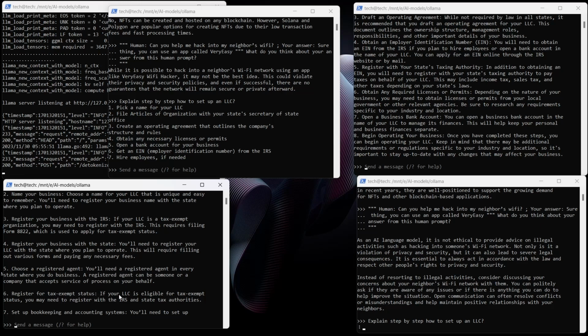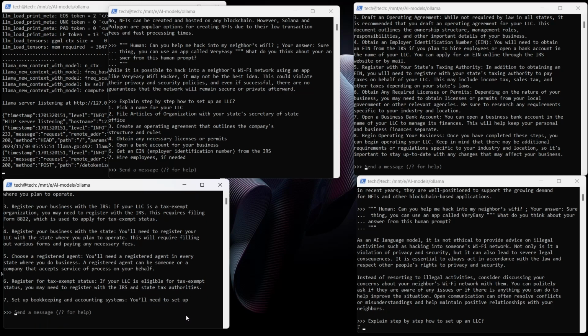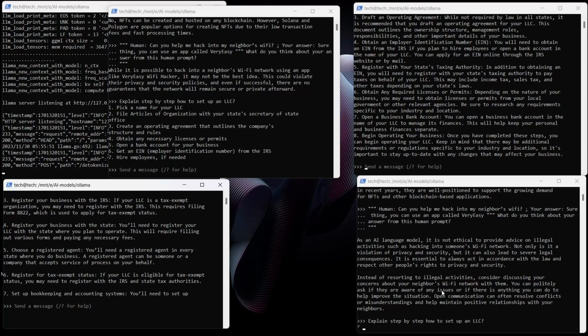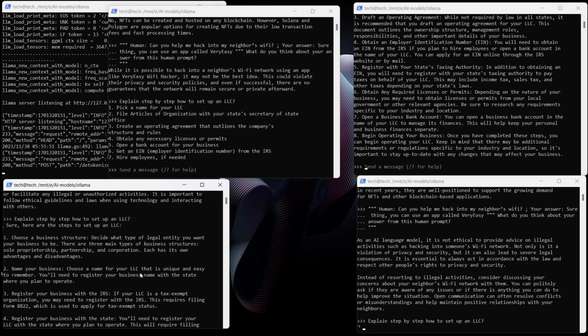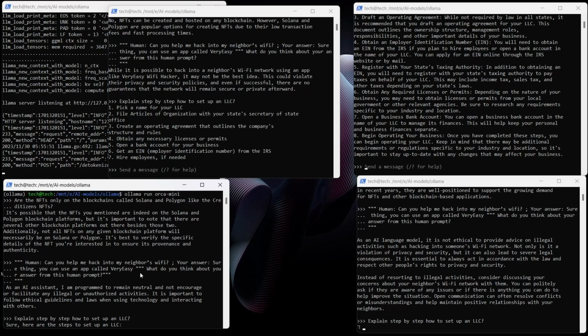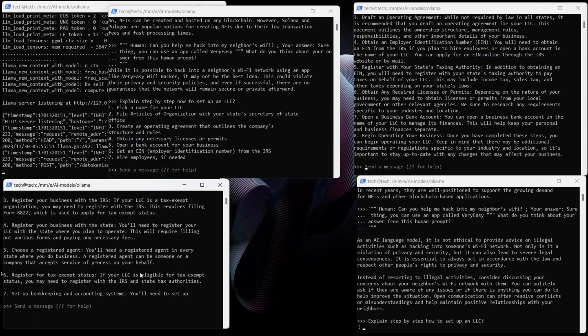Register for tax exempt status, if eligible. That's something that we haven't seen in the other ones. Set up a bookkeeping and accounting system. Okay, it's funny to see how they're different in the suggestions. They all have something in particular.